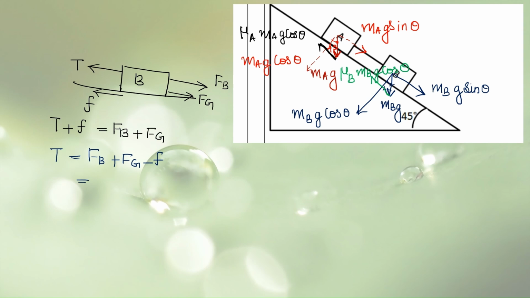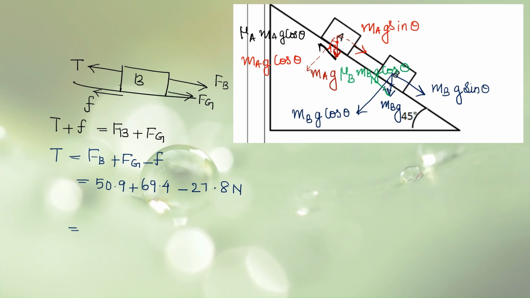Force due to acceleration Fb, we know that is 50.9 Newton, and the component of gravitational force along the inclined plane is 69.4 Newton, and the frictional force is 27.8 Newton. Okay, so we need to calculate this.